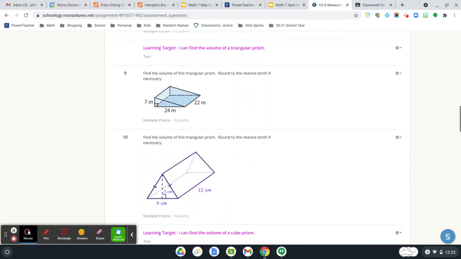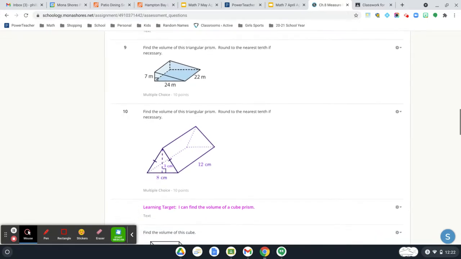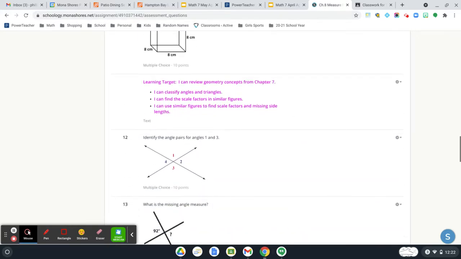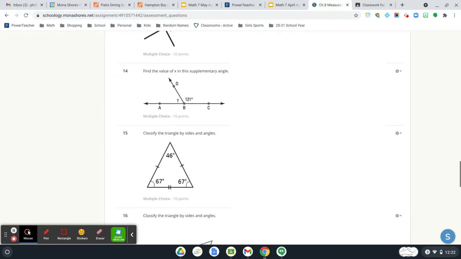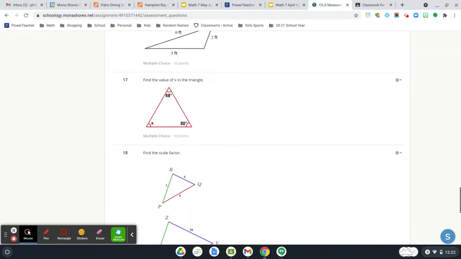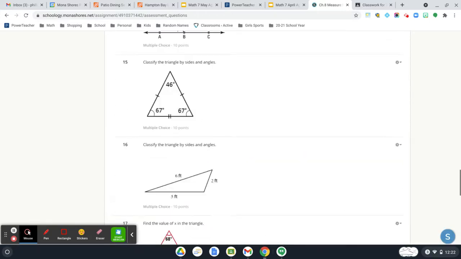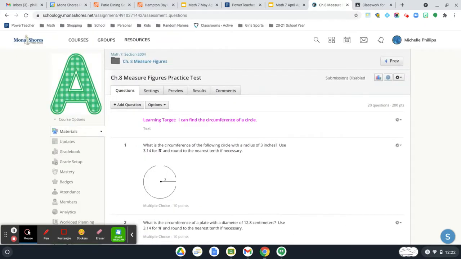And I section it off for you very well so that you see the learning target above each section. And then the last part here is going to be a review of Chapter 7. So remember, Chapter 7 was geometry with angles and triangles. And so you're going to review those geometry concepts and scale factor here. So really the entire practice test is geometry as well as the test on Friday. So the test will mimic what you see here on the practice test.